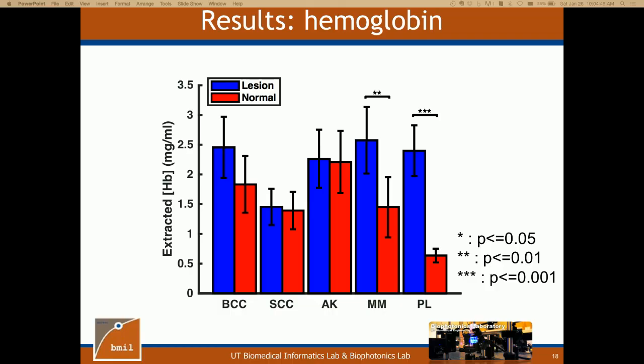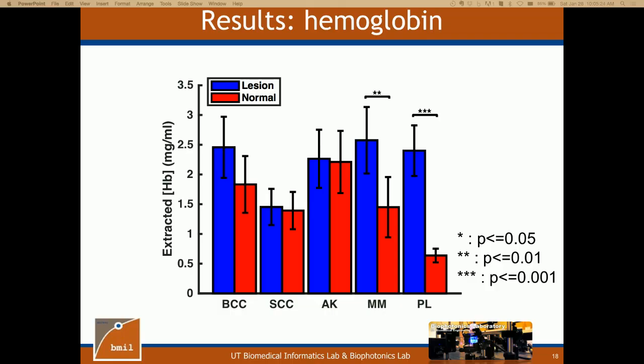But we think the higher hemoglobin concentration in pigment lesion is because the melanin and the hemoglobin have some crosstalk, some interactions in our model. And we are working on multi-layer lookup table models to remove this crosstalk.